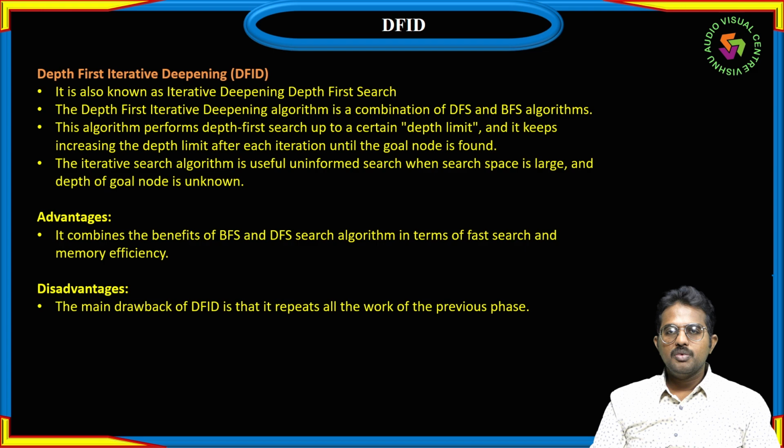Our next algorithm is depth first iterative deepening. It is also called DFID, and also iterative deepening depth first search. All these names refer to the same algorithm. This algorithm also works on DFS. In the depth limit search we have taken, there is a predetermined value called the depth limit.